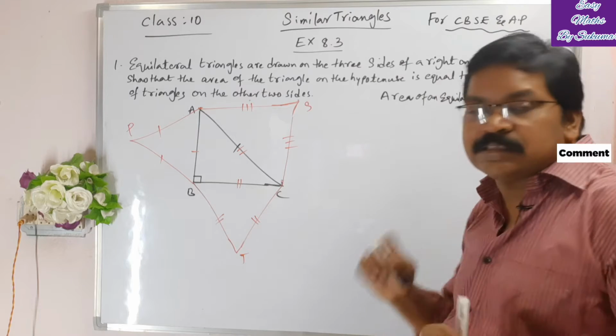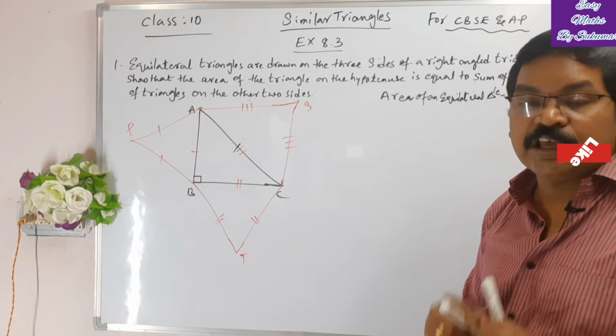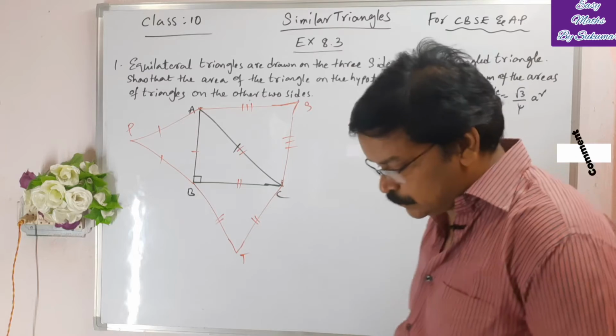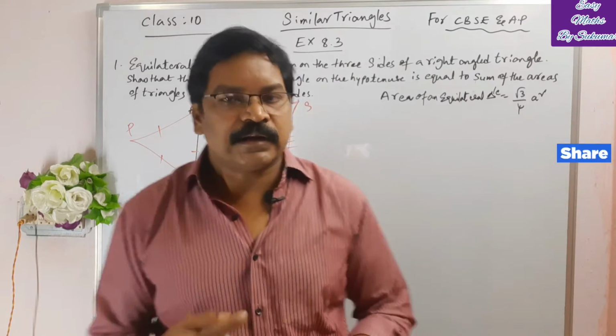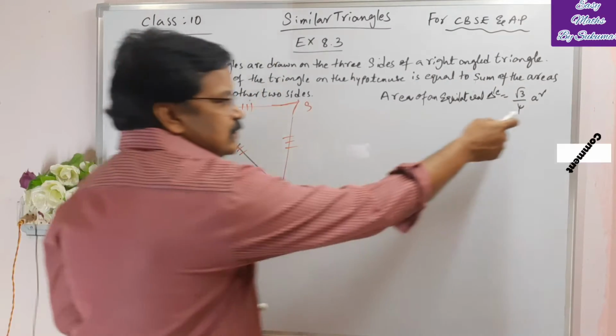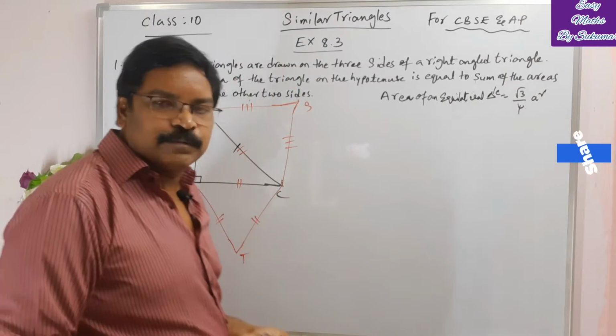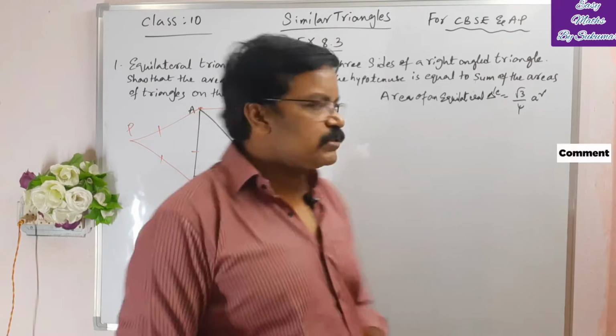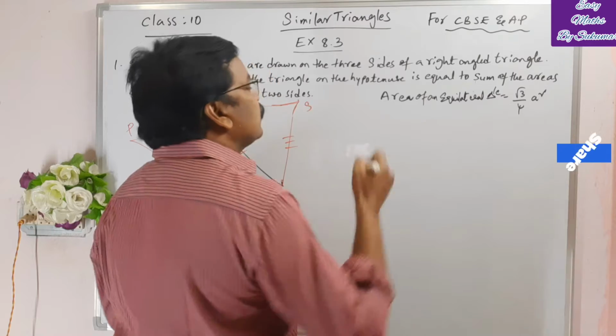A is the equal side of an equilateral triangle. So all the three sides are equal, each side is equal to a units. So this is the area of an equilateral triangle.